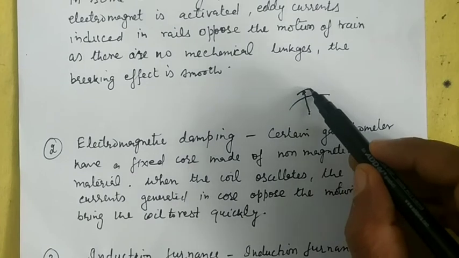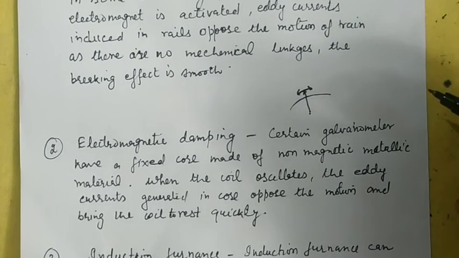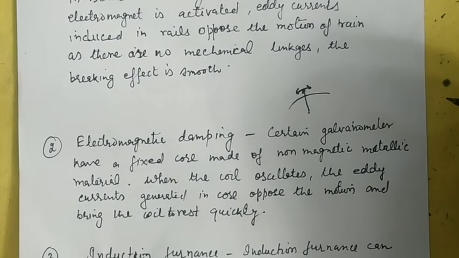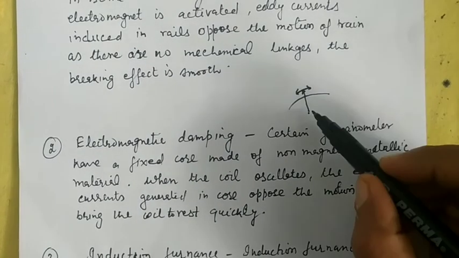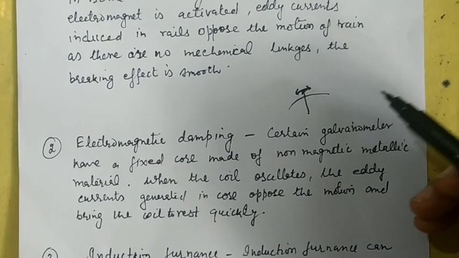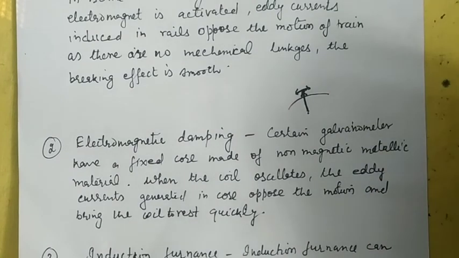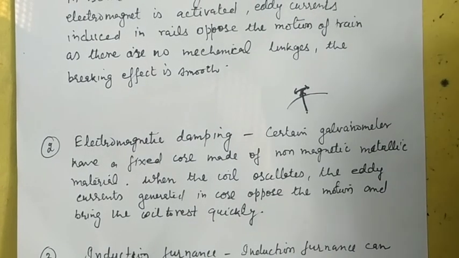It will keep on oscillating at this position. But if you use a deadbeat galvanometer, we use a fixed core in which this oscillating effect gets damped and the needle immediately comes to rest, and we are able to measure a reading correctly.